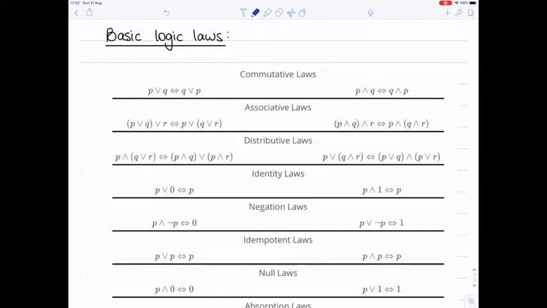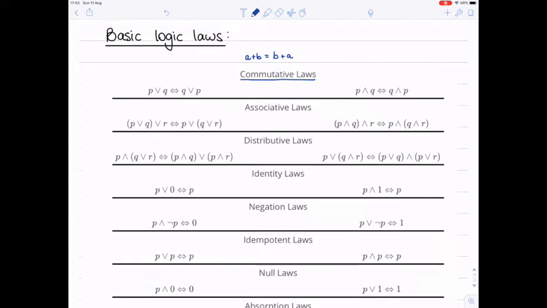So it's worthwhile working through this list of basic laws, which are similar in many ways to the basic laws of algebra that you don't even really think about using anymore. So you remember commutativity from algebra, which said, for example, a plus b is equal to b plus a.